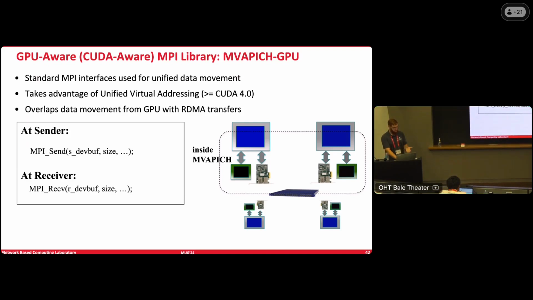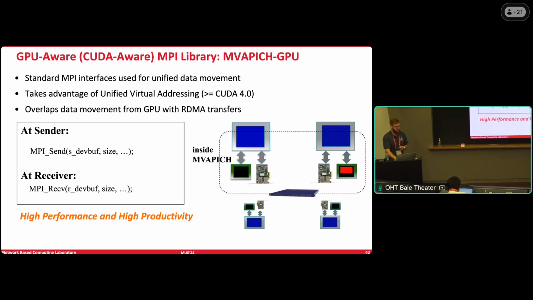So all you see as a user is MPI send and MPI receive, and inside MVAPICH, we're going to take care of moving the data out of the GPU buffer, pipelining it as needed, and sending it across the node or across the cores and to the other GPU, all without the user ever having to worry about where those buffers are. So this gives us both high performance and high productivity for the users.